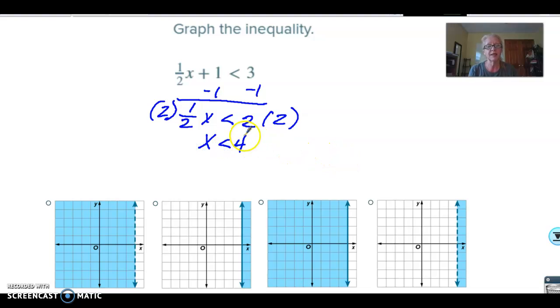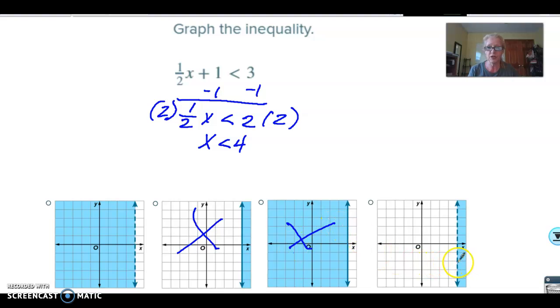Now, because this is less than 4, it's not less than or equal to, we're going to be graphing this with a dotted line. On the XY grid, that's the open circle version of the number line. So we're looking for graphs that have dashed lines. We can eliminate these two because they don't have a dashed line.